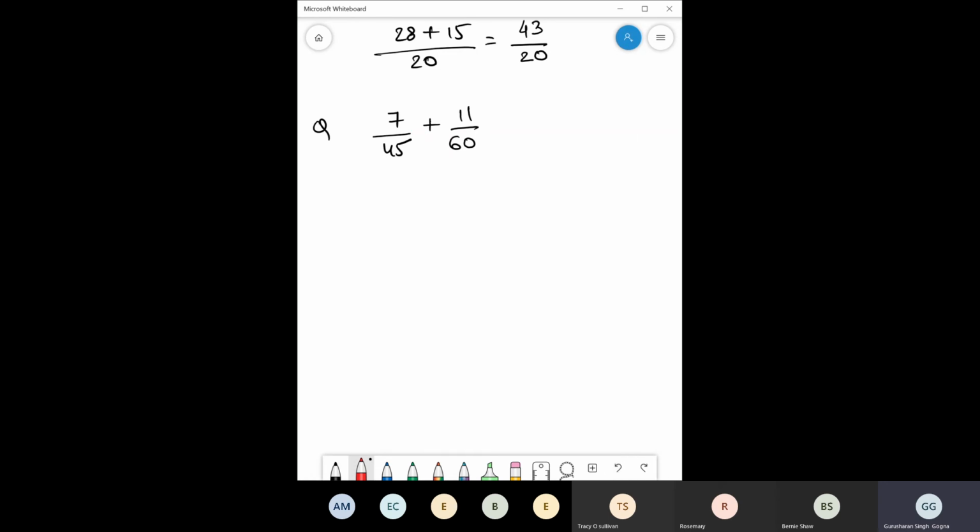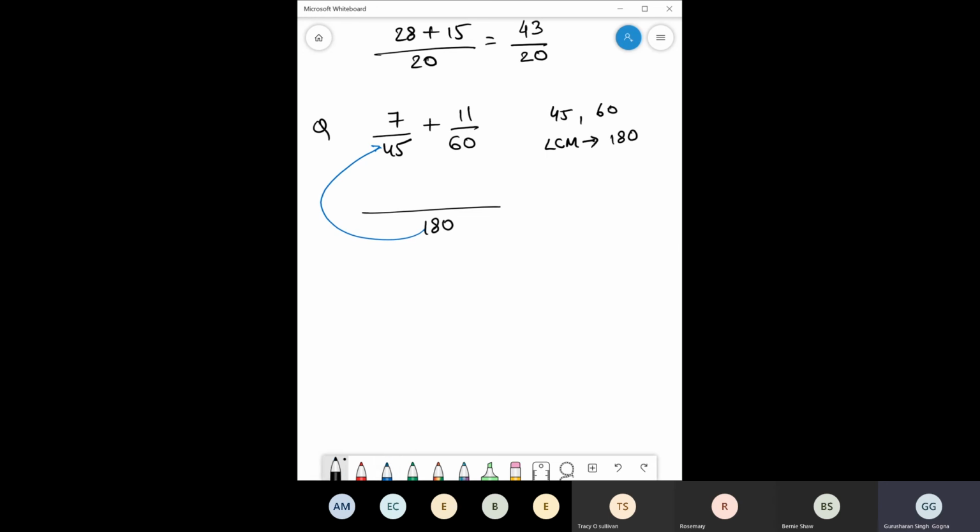So the process is find out the LCM. So LCM of 45 and 60 we already got it from our previous examples, which was 180. So you put 180 here. What's the next step? 180 divided by 45 will give you 4, isn't it?